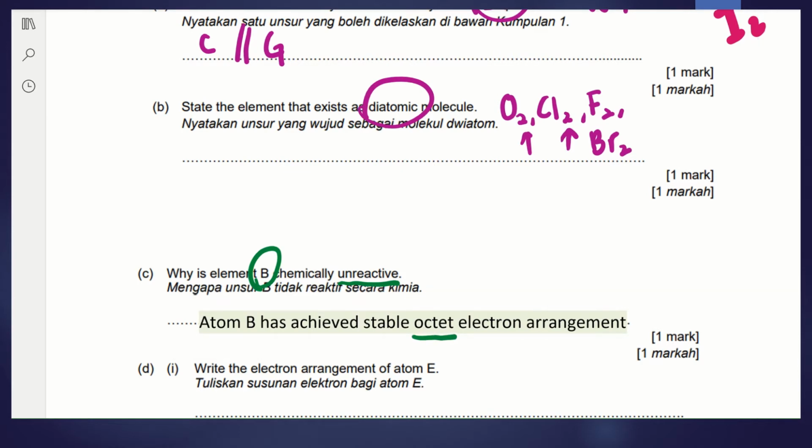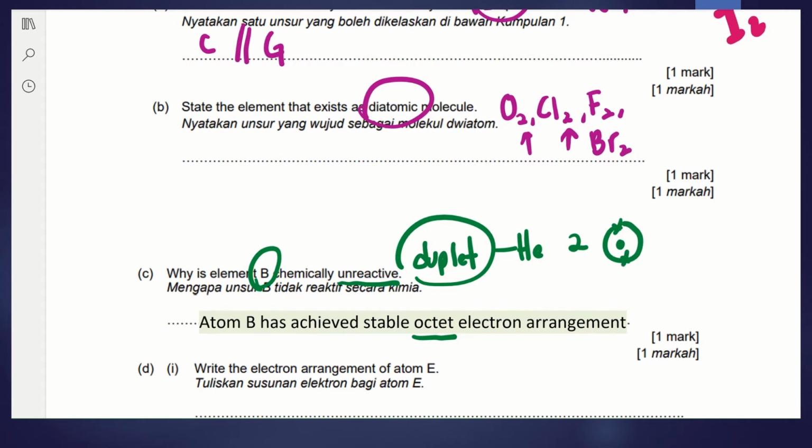How do we differentiate when to use octet electron arrangement or duplet electron arrangement? Duplet is only for the helium atom. Since the helium atom has 2 electrons only, it is in the first shell, so helium has achieved stable duplet electron arrangement, while the other atoms achieve stable octet electron arrangement.